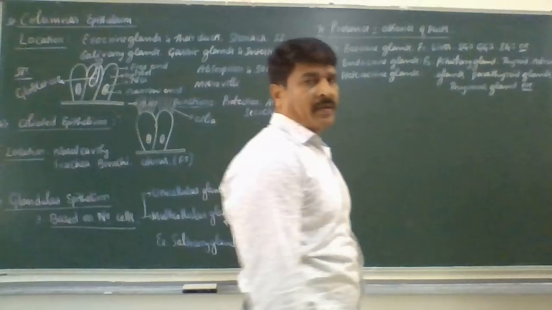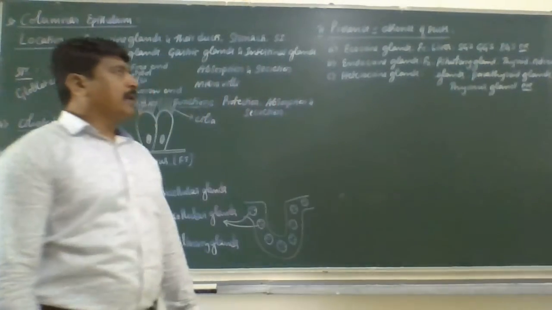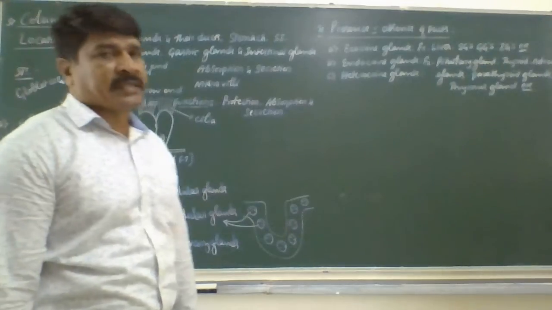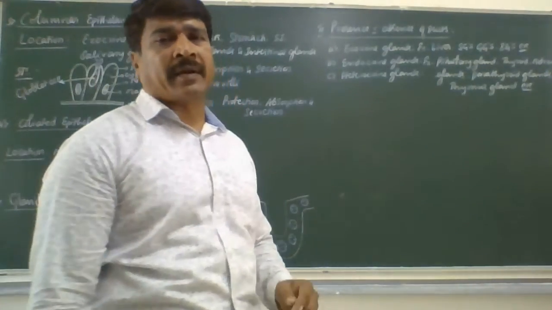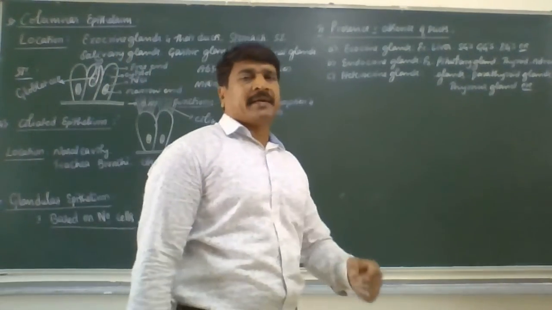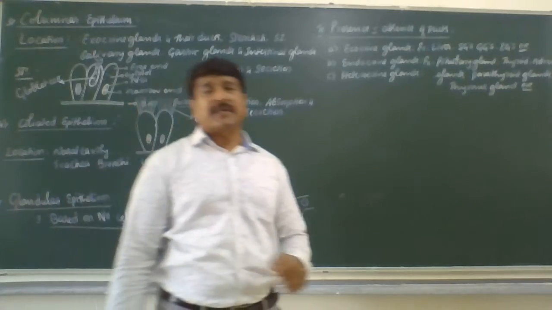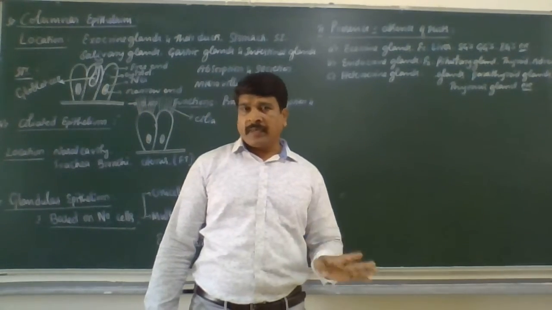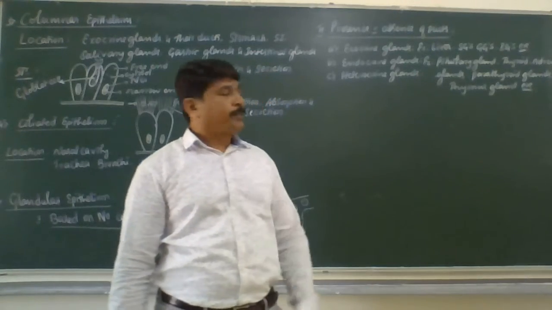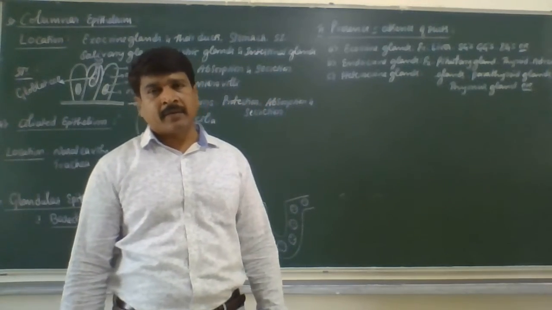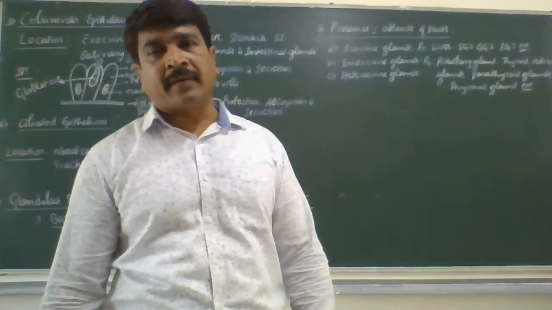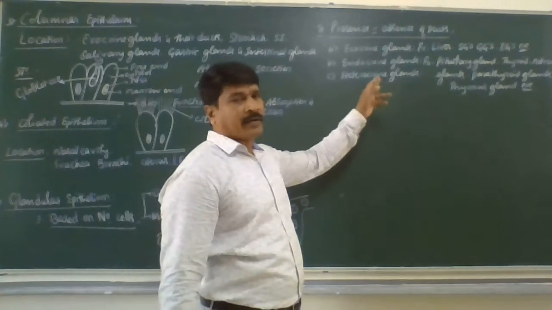Remember this. Clear? Glands without ducts are called endocrine glands. The secretions of endocrine glands are called hormones. Since the ducts are absent here, the hormones are directly released into the bloodstream. Clear? Example: pituitary gland, thyroid, parathyroid, adrenal glands, thymus gland, etc. All these are the endocrine glands.